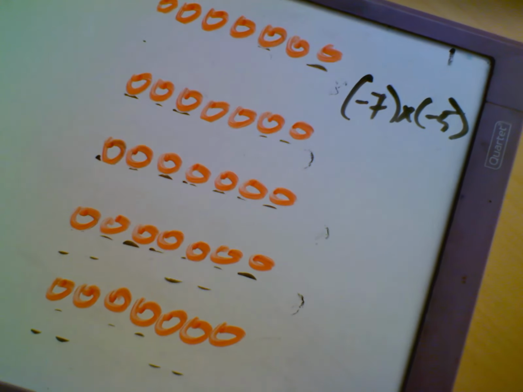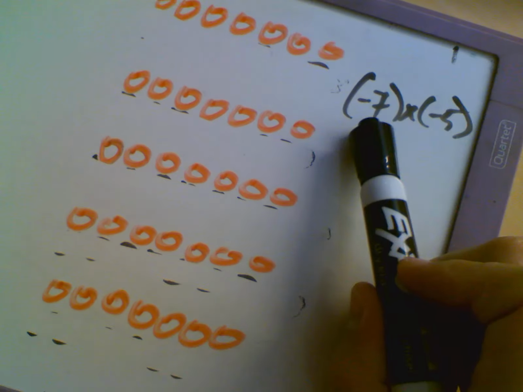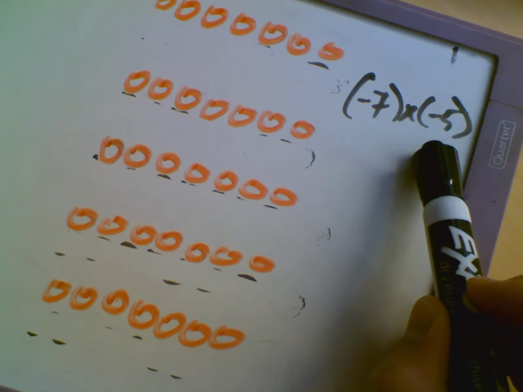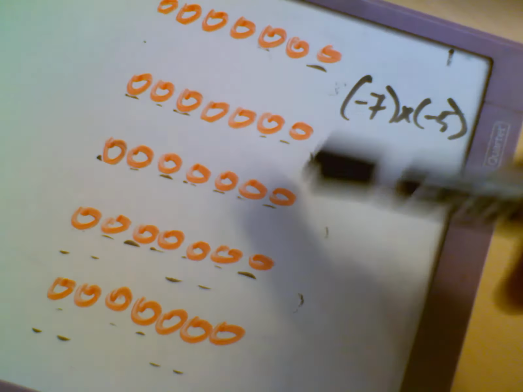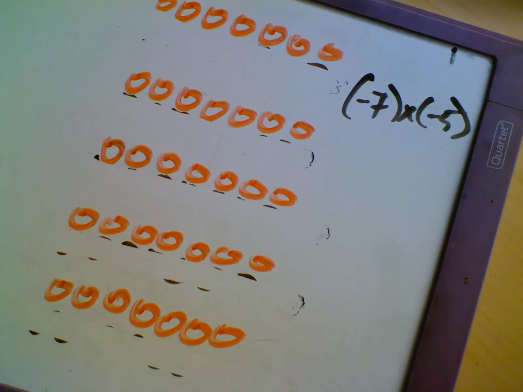Now, I always find that this is one of the most confusing models we have in math. So I'm going to digress and reiterate what we said. Each integer is a positive and negative. We have a -7 times a -5. If I had -7 times 5, I would have had 5 rows of -7. But instead I had the opposite of times 5 rows.